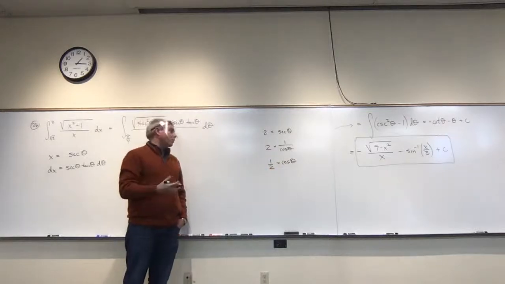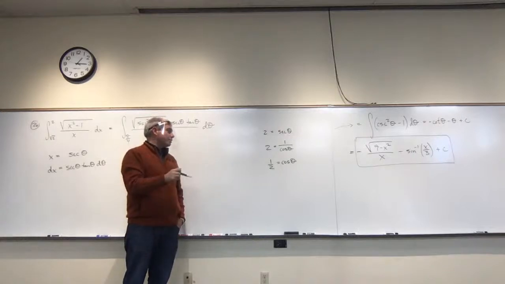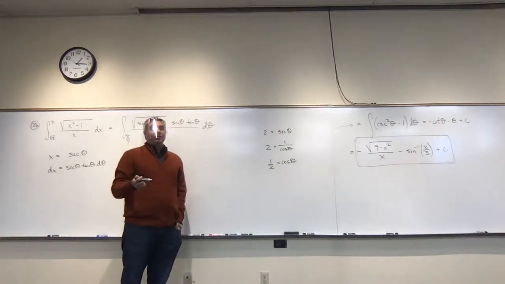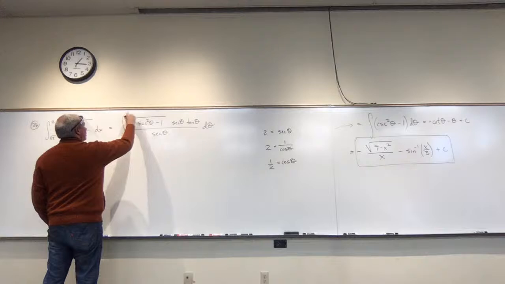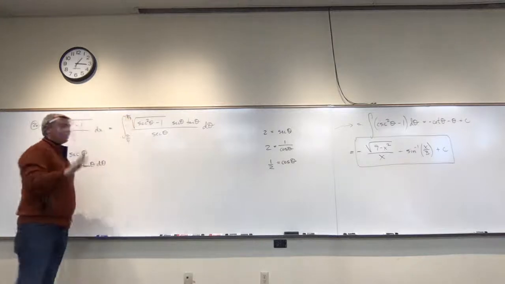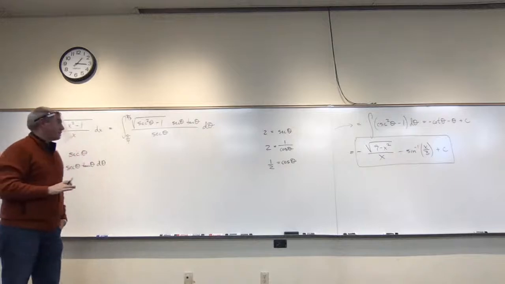And now it's like, oh, okay, good. What angle's cosine is a half? What is that? Pi over 3, right? Pi over 3. So this is going from pi over 4 to pi over 3, and now we never have to look back and worry about x's again, which is nice.